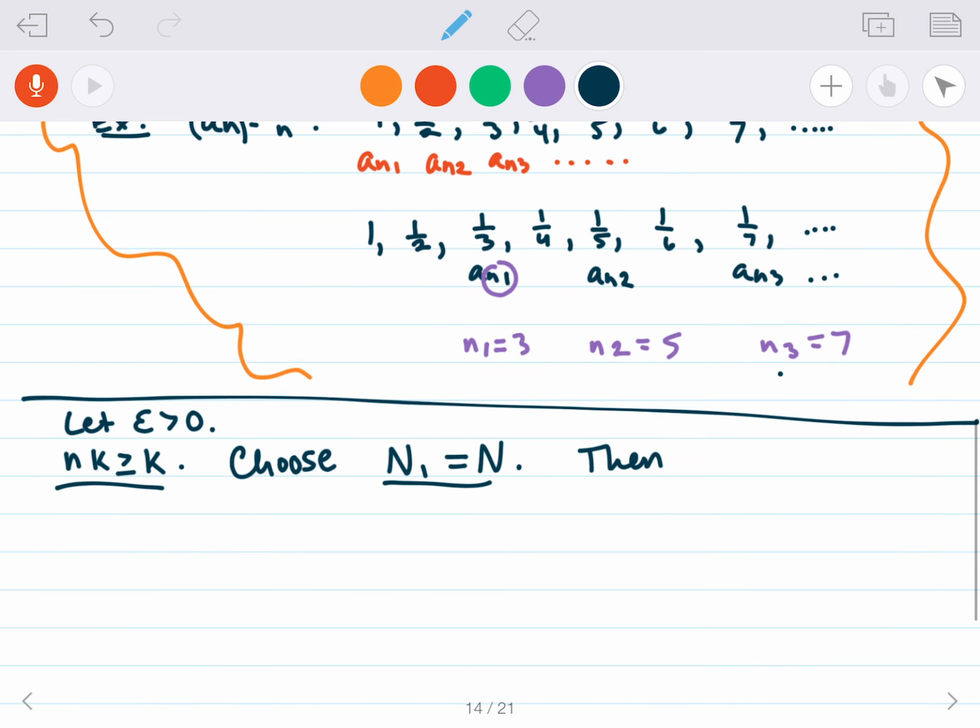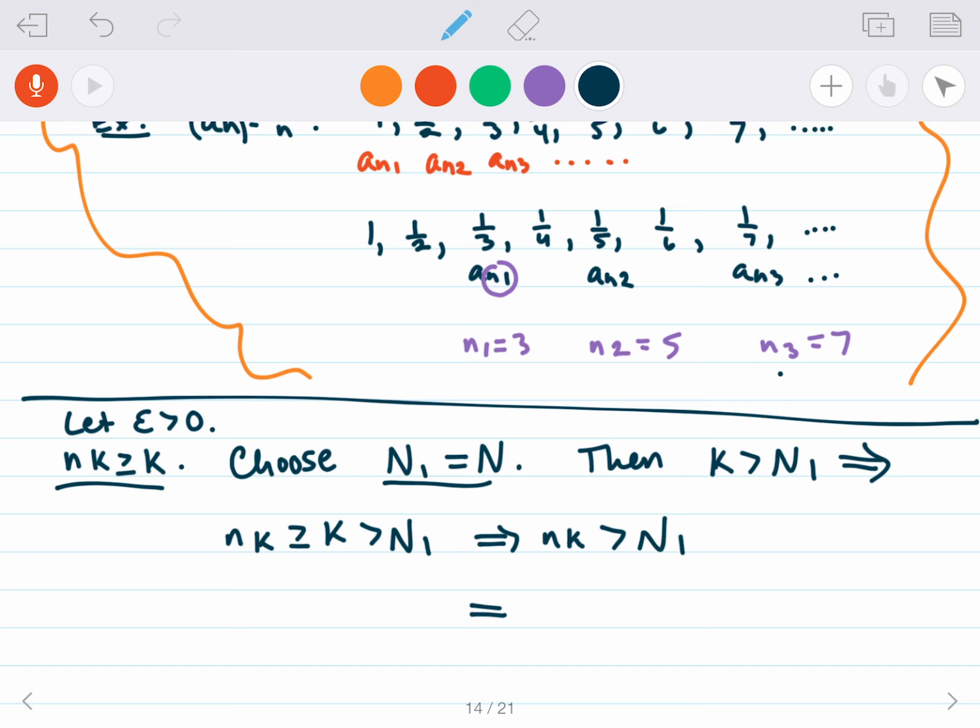Well, we have n sub k is bigger than or equal to k, and k bigger than N1. I should have written that up there first, but this implies that n sub k is bigger than N1, and since capital N1 was equal to capital N, this implies that n sub k is bigger than capital N.